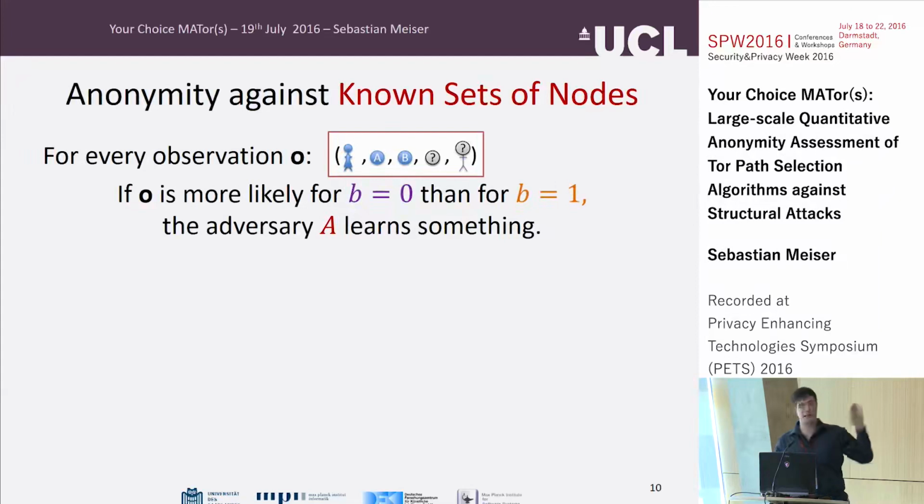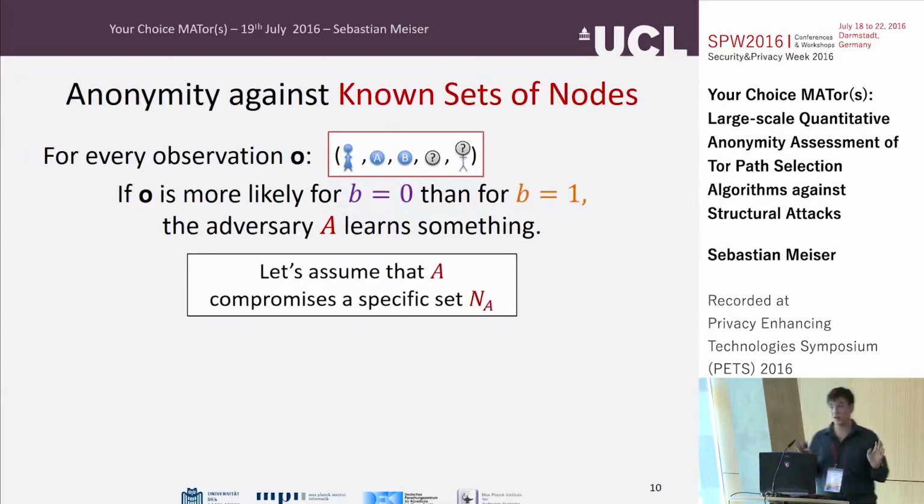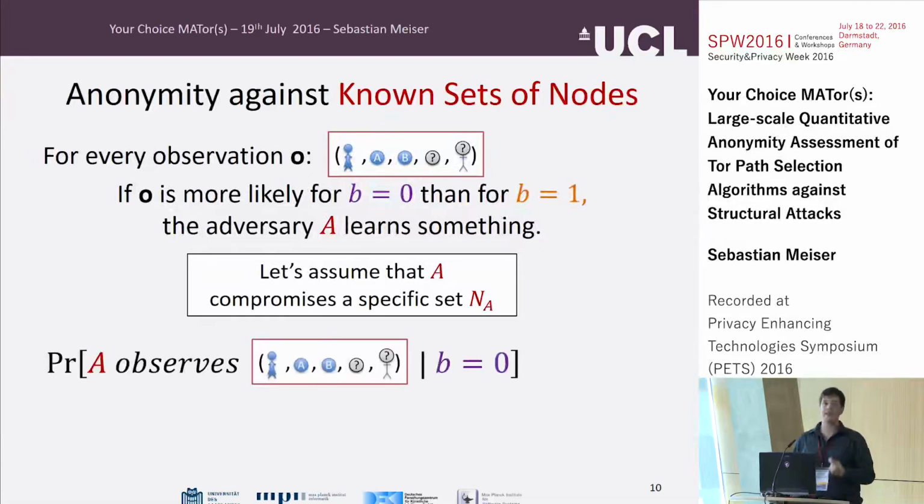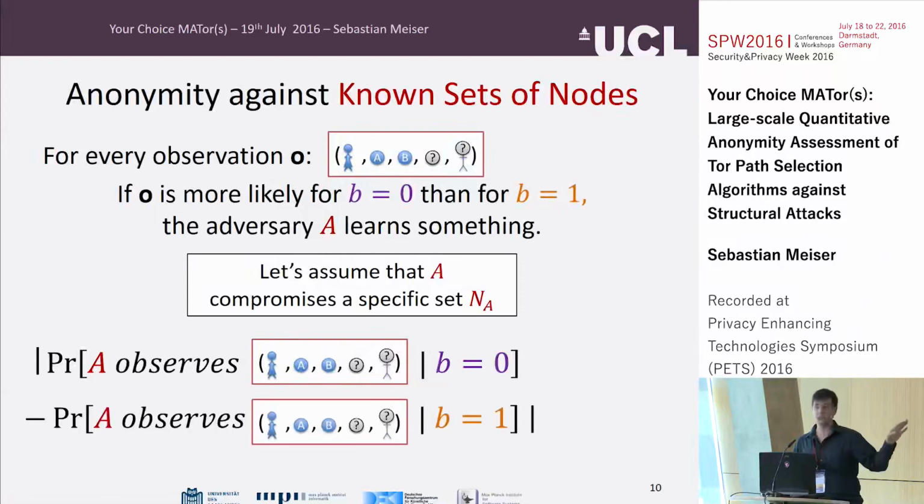So if we just for a second assume that we know which nodes are compromised, then we can, for every single observation, calculate the probability that this particular set of compromised nodes makes this observation if the challenge bit is 0, so if Alice sends a message to Bob. Right? We can do the same for a challenge bit being 1. And then we can compare these probabilities.